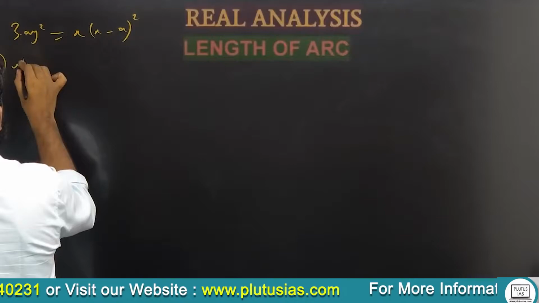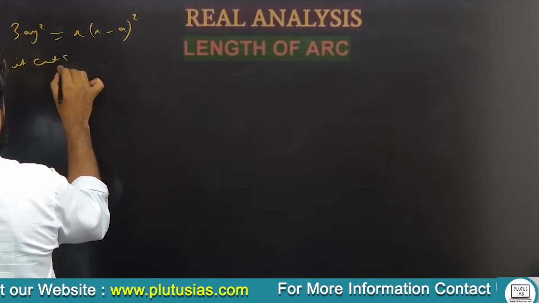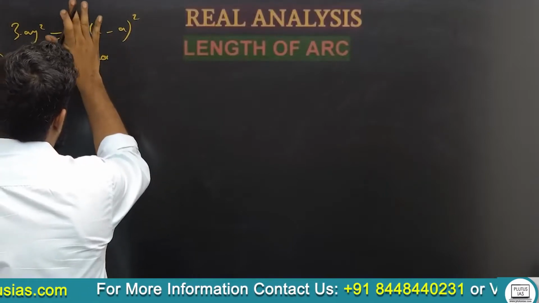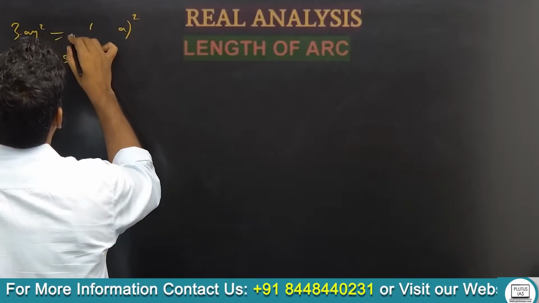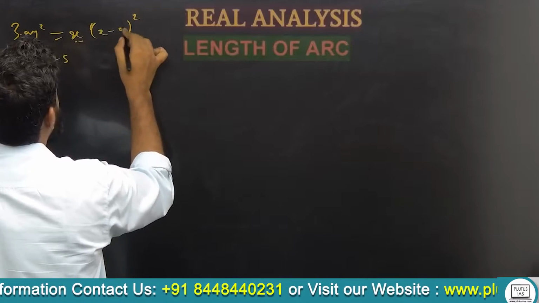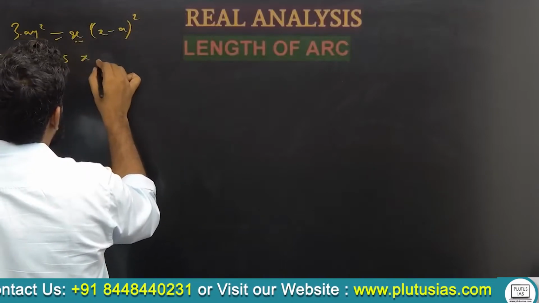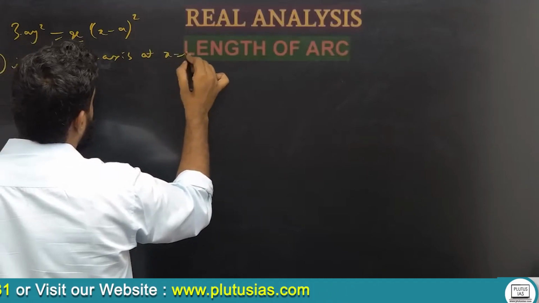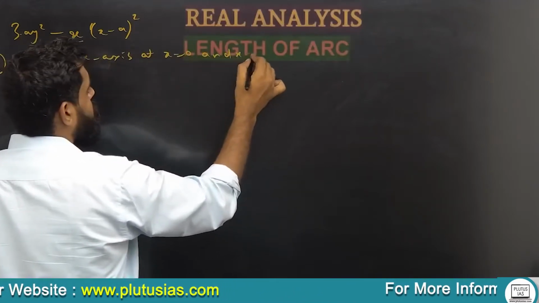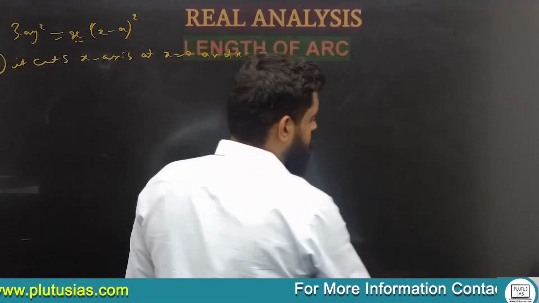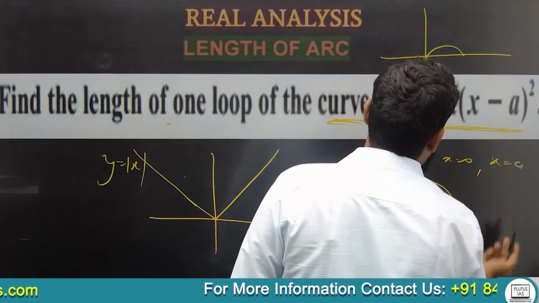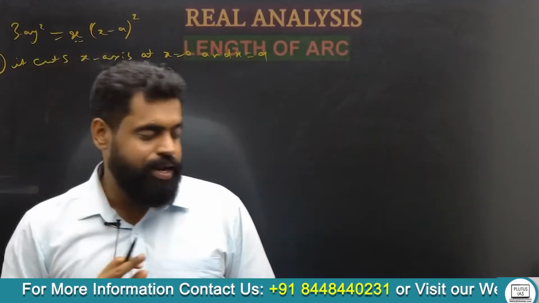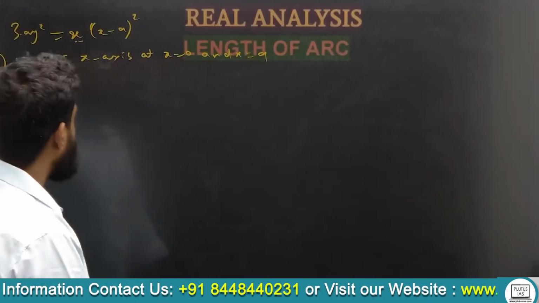That it cuts the x-axis at x equal to 0 and x equal to a. I once again say 3ay square equals x times (x minus a) whole square. So it cuts the x-axis at x equal to 0 and x equal to a.